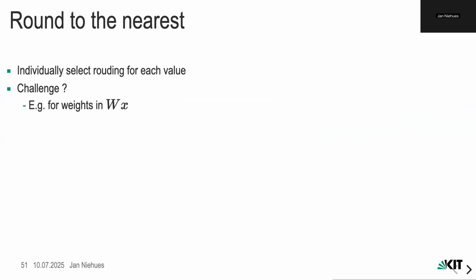When you do the rounding, you individually round each element to be optimal individually. But typically we will, for example, round the weights and then apply them to the input. Do you see anything that might happen then, if you individually round each value?